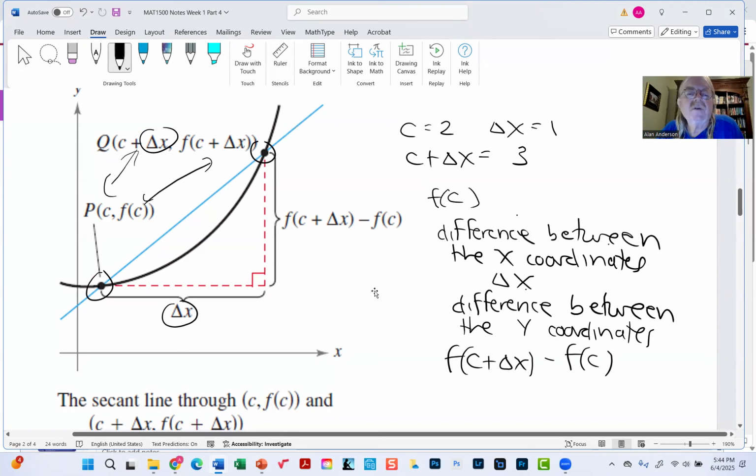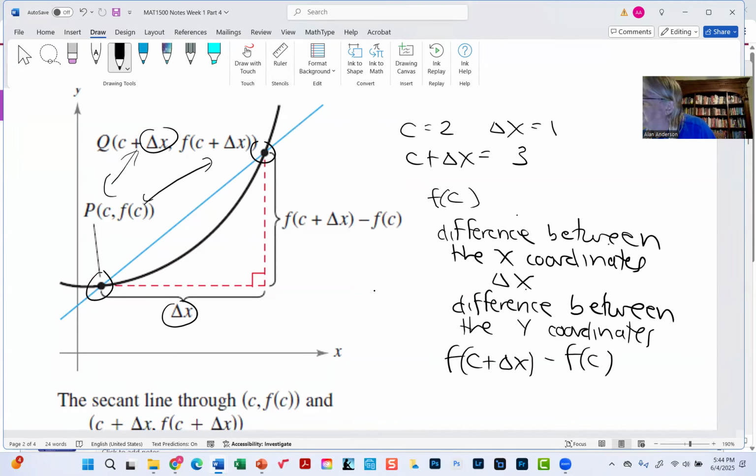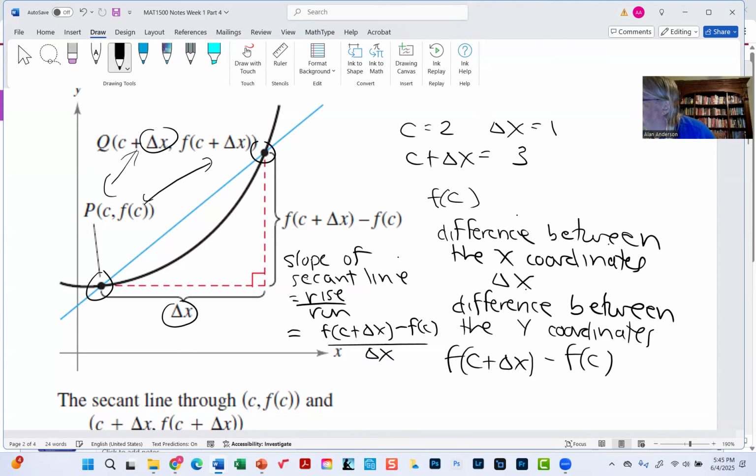But it's important for us to know that the slope of this secant line would therefore be, remember, informally, the rise over the run. And that means we have f of c plus delta x minus f of c, all divided by delta x.